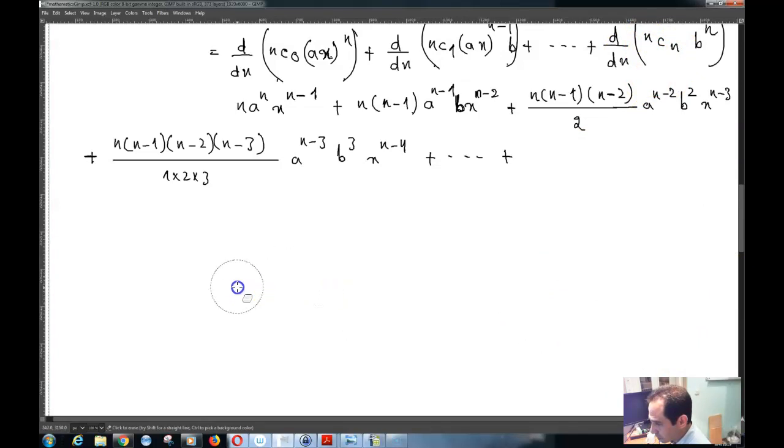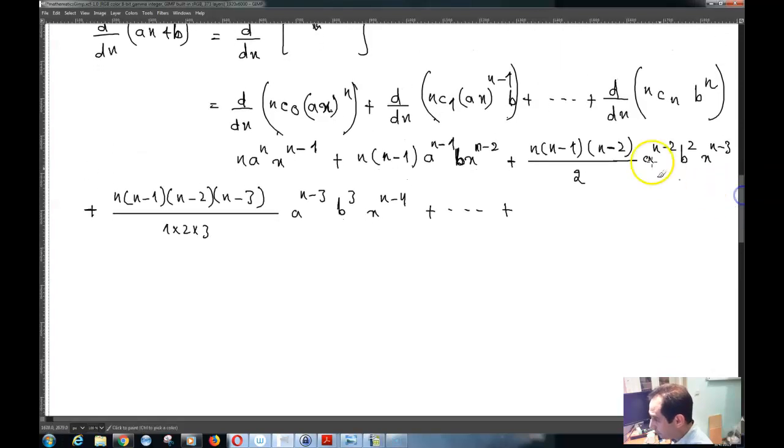But the term that comes before that does contain some x. So the term that comes before this is n combination n minus 1, ax whole raised to the power n minus (n minus 1), and b raised to the power n minus 1.